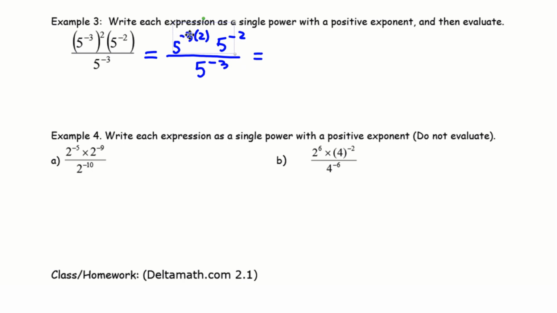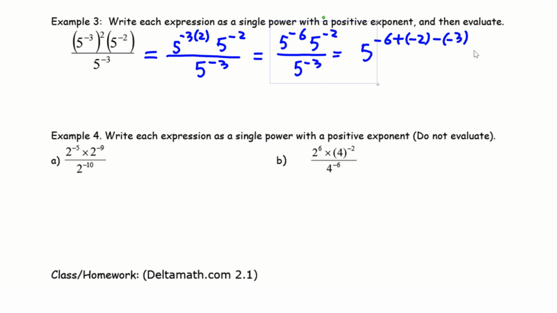So 5 to the exponent negative 3 times 2 gives you 5 to the exponent negative 6, then times 5 to the exponent negative 2 divided by 5 to the exponent negative 3. So we could do 5 to the exponent negative 6 plus, multiplication is plus, then division is minus. Then simplify, we have 5 to the exponent negative 5.